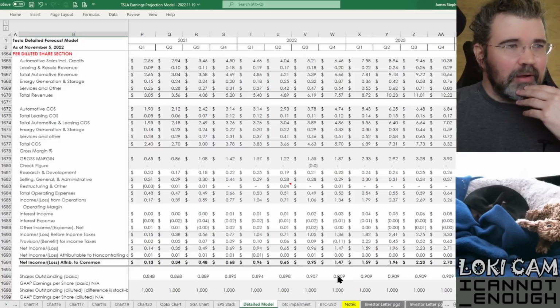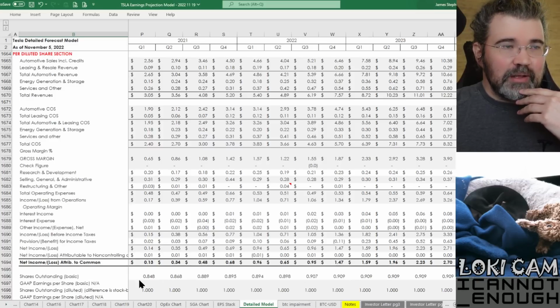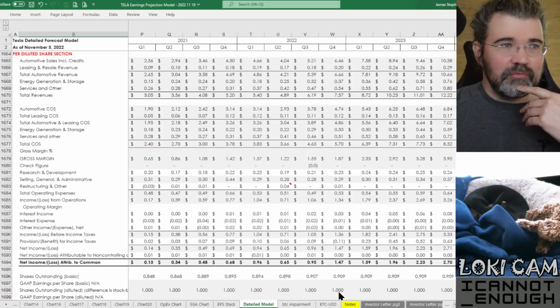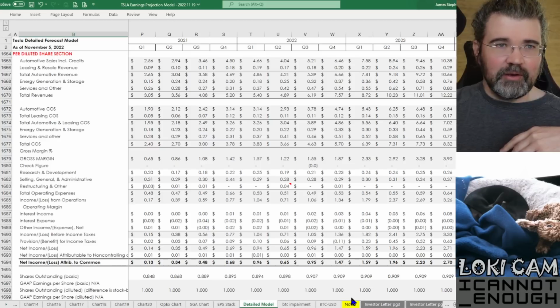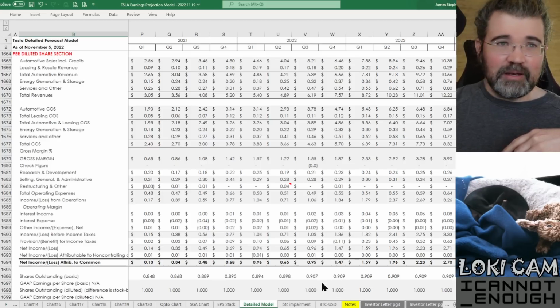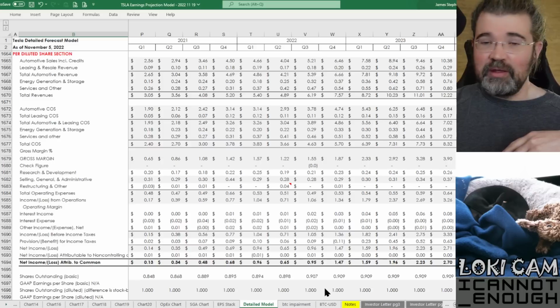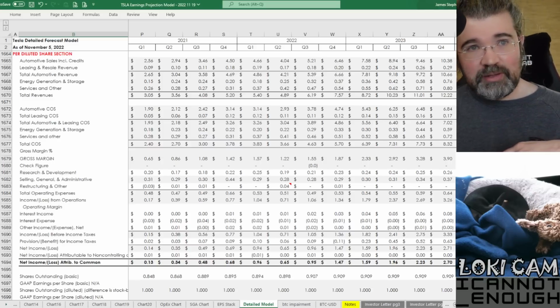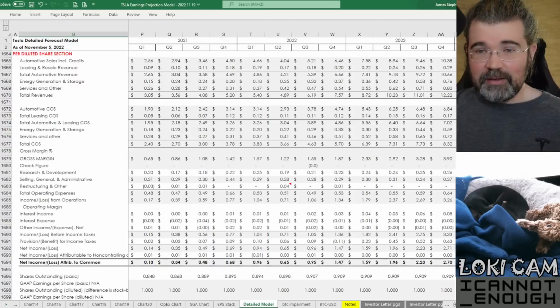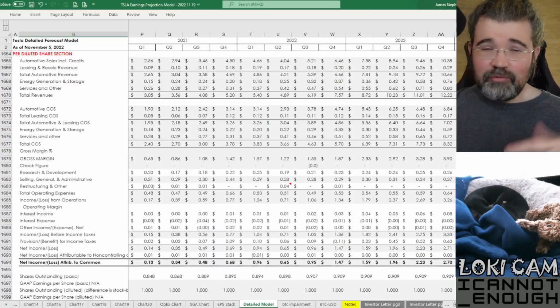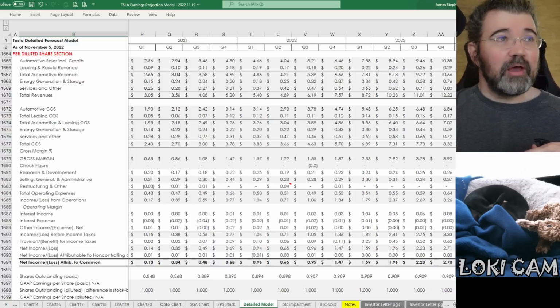But you can see how much the shares outstanding basic are relative to the shares outstanding diluted. Remember, this one includes options that have vested but have not been exercised yet, like the ones Elon earned through his 2018 CEO compensation plan that he has not exercised any of yet. He hasn't bought those shares yet.